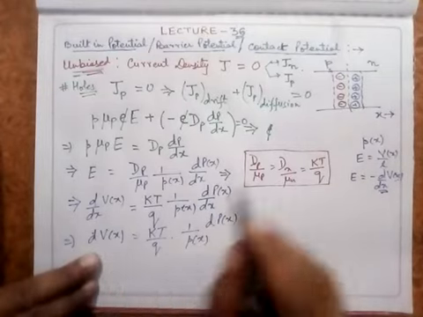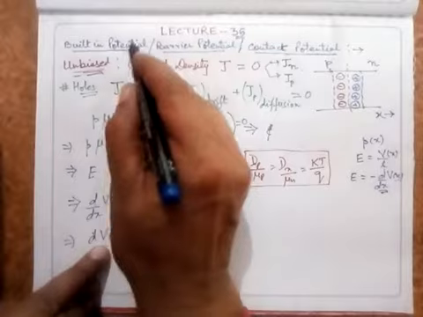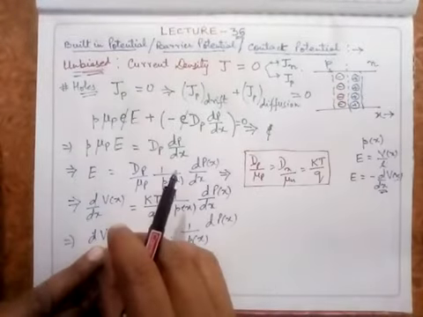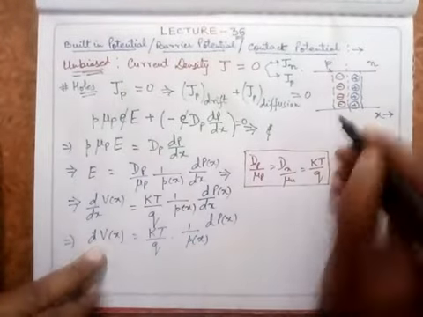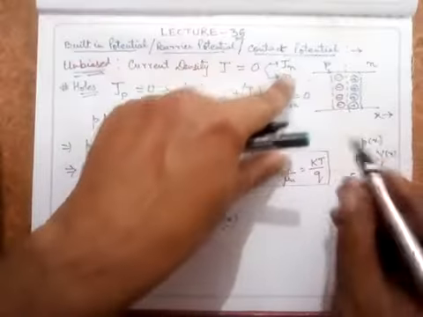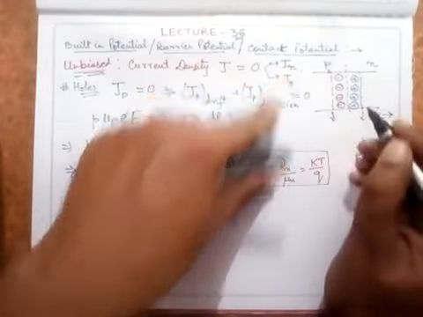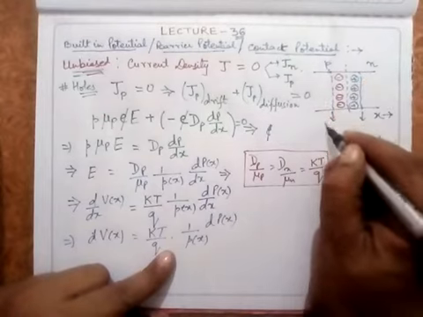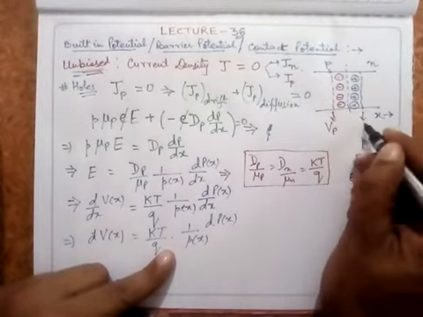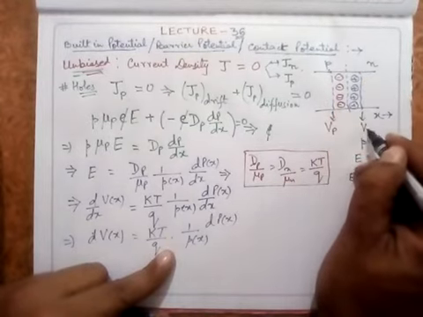Now I need this potential here. I am interested in this built-in potential V(x). How much is it between this point and this point? What is the built-in potential here? Suppose this is the p side, where the voltage is Vp, and on the n side the voltage is Vn.